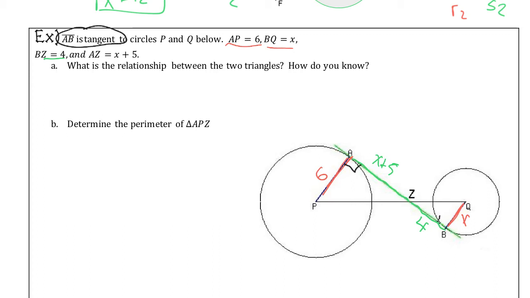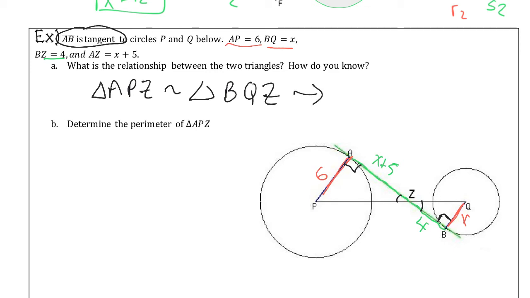So tangent tells me 90-degree angles, because that green line's tangent to both circles. So if I have tangent lines and these angles are the same, we have triangle APZ is similar to triangle BQZ. And I know this because two angles are the same, so they are similar.